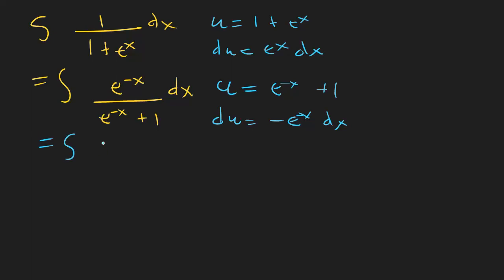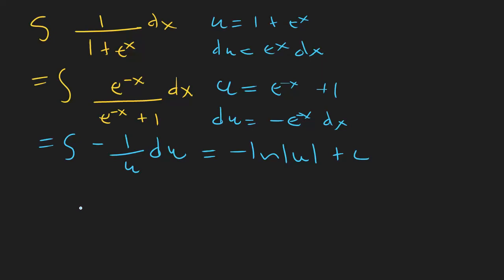In integrating this, you end up with minus natural log of the absolute value of u plus c. But in any case, what was u? U for this one was e to the negative x plus 1. In either case, we can plug that in if we want to.